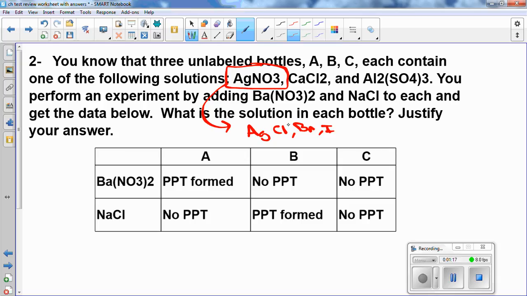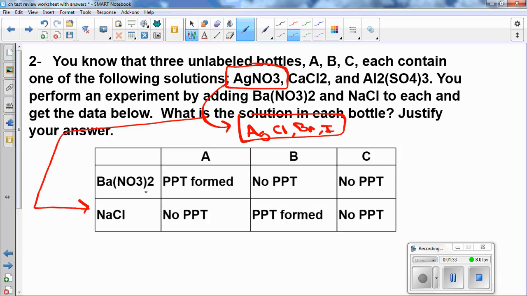That looks like I'm looking at your solubility rules. That's good enough to go from here. So just this information should help you to identify which one is probably silver.